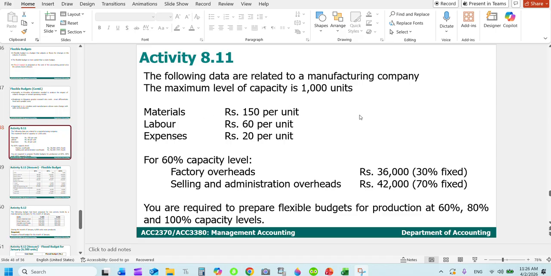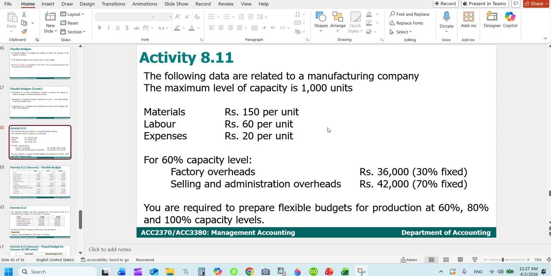Under static budget, we prepare our budget numbers and figures for a specific output level. So let's say we are planning to produce 1,000 units. For the 1,000 units, we can prepare our budgets.